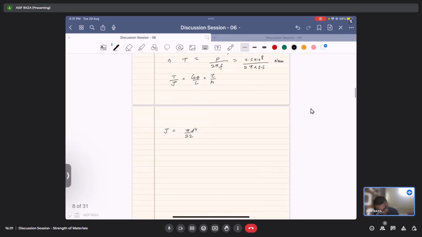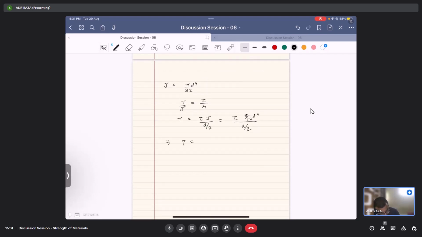So let us use the first and the last expression, that would be T by J equal to tau by R, and T equal to tau J by R, R is D by 2, that is tau times pi by 32 D4 by D by 2.